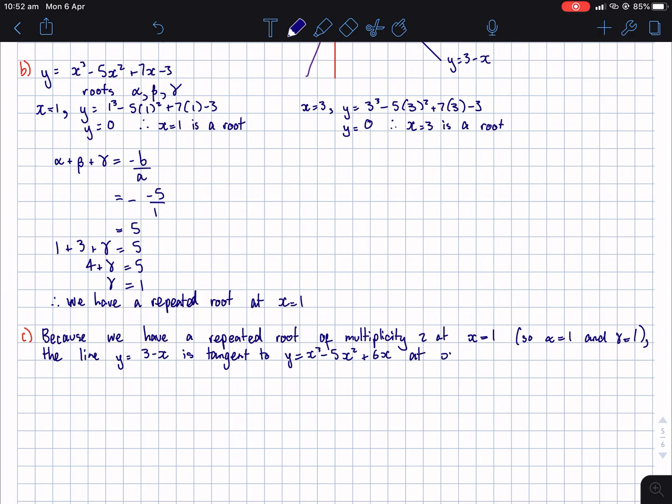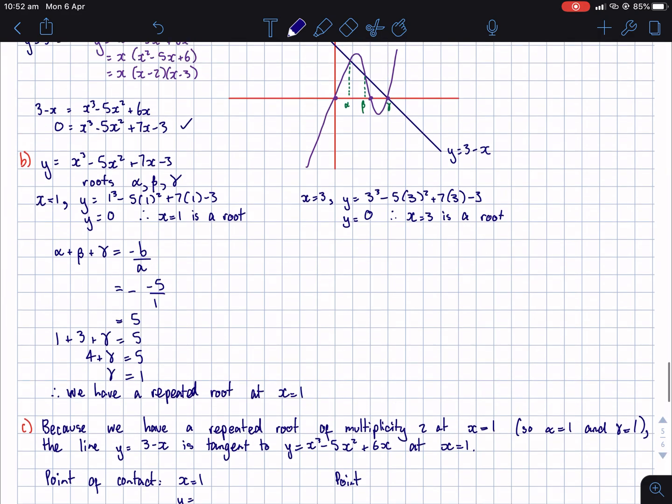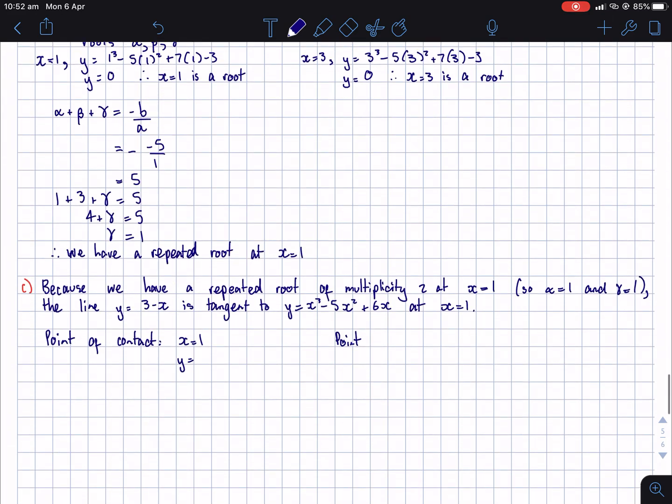So they've now asked us to find the point of contact. So this is where x equals 1. We want to know what y equals. And we want to know the point, how do they phrase it? The other point of intersection.